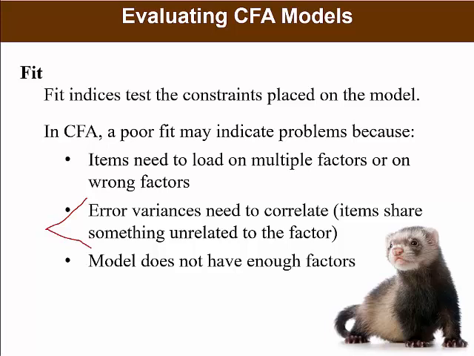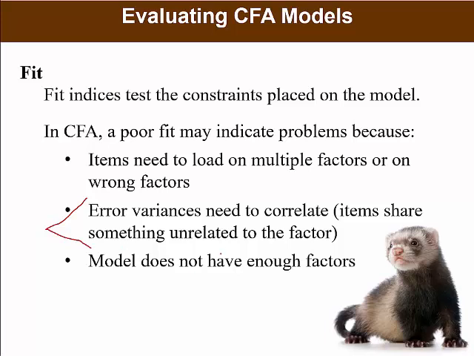That is, our hypothesis should be that after the factors explain all the variance they can explain, there's no residual variance left over that correlates with anything. It's just all measurement error. The factors explain all the important stuff and all the residuals are simply measurement error, and so we shouldn't have correlations between the residuals of our items.